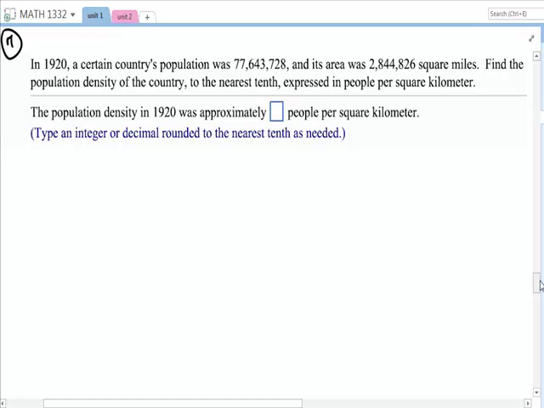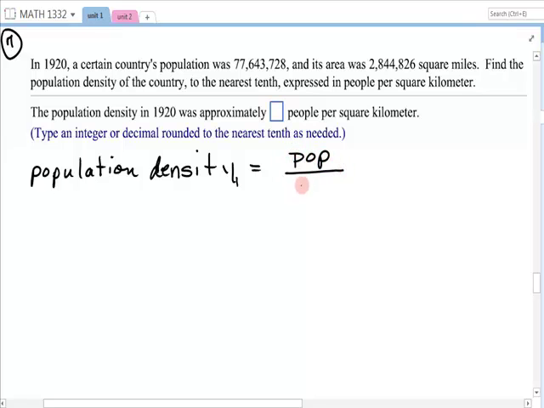One thing that you need to know, this is just a fact, population density is the population divided by the area. You might want to write that down, but I'm going to show you how you don't have to remember it. It says, find the population density.